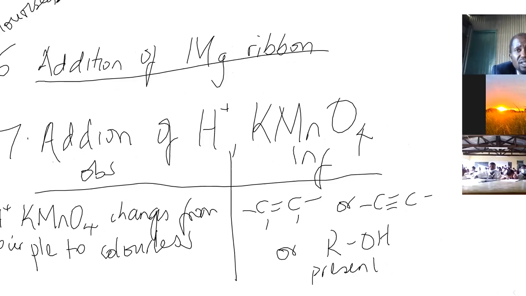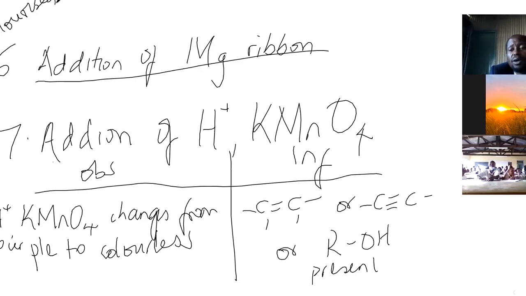So get the difference. We accept decolorized, but we reject discolored. Decolorized means it changes to colorless. Discolored means it faded and maybe got another color. So it's important we know that when we are using potassium manganate 7, we are only expecting it to change from purple to colorless. There are no intermediate colors.